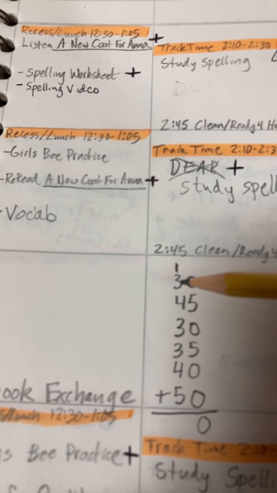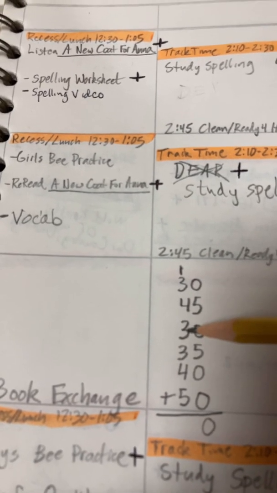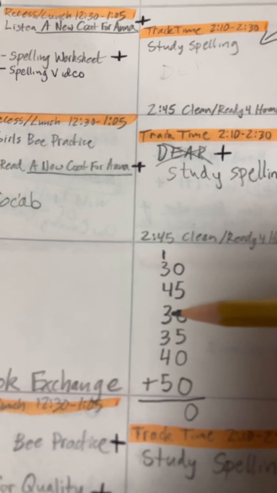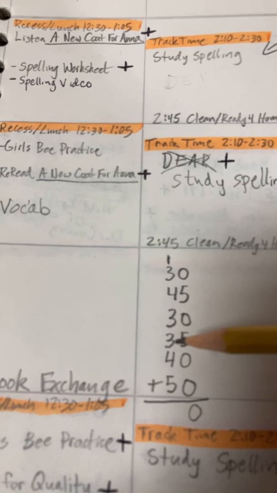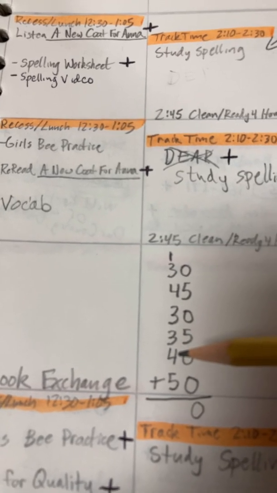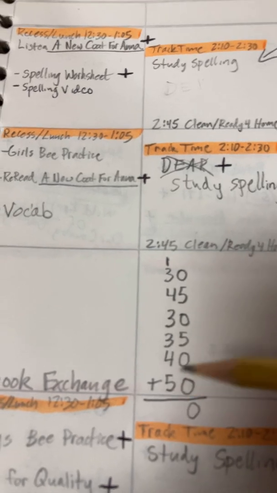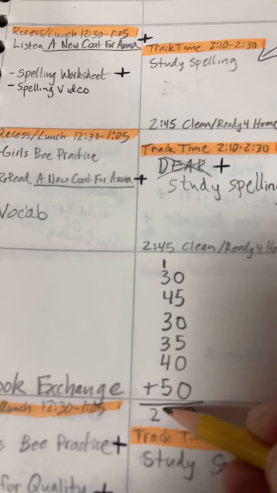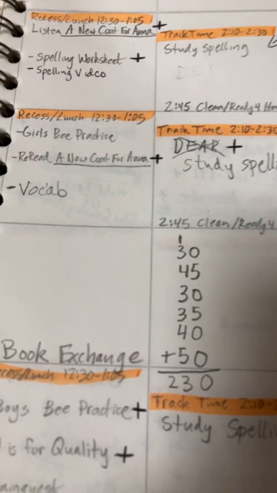Okay, these two would be 4, plus 4 more is 8, plus 3 more would be 11, plus 3 more would be 14, plus 4 more would be 18, plus 5 more would be 23. Okay, so that would give us a sum of 230.